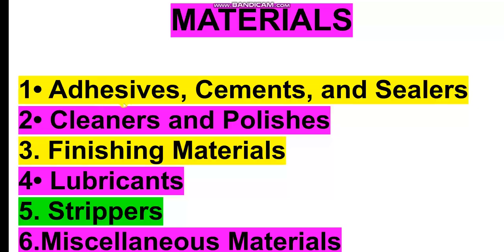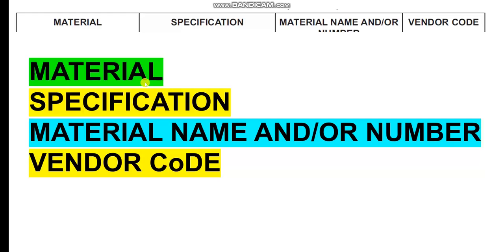Each of these types has a list, a table of list. Look here, material. This is just one example for these materials. Look here, the first column is material.